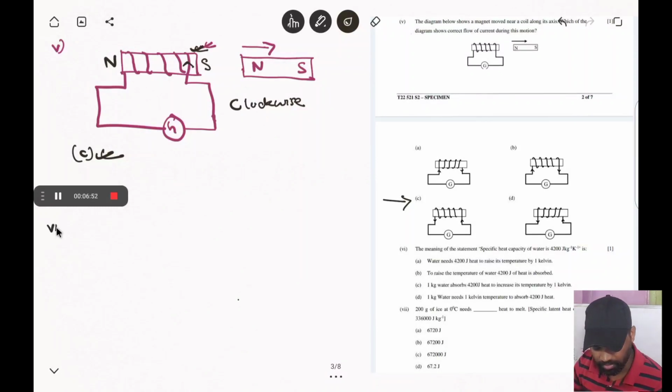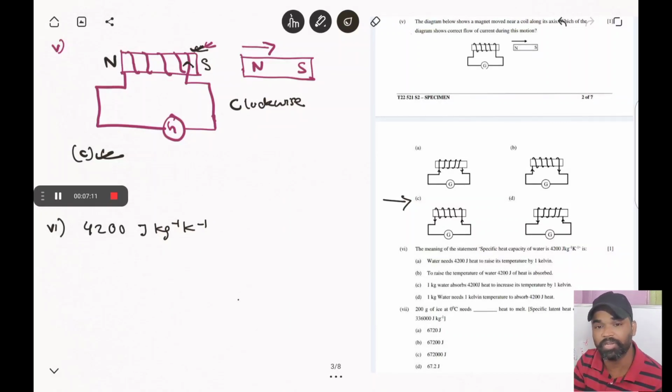Now, number 6. The meaning of the statement specific heat capacity of water is 4200 joule per kg per Kelvin. It simply means one thing, that the amount of heat required to raise the temperature of 1 kg of water through 1 Kelvin is 4200 joule.